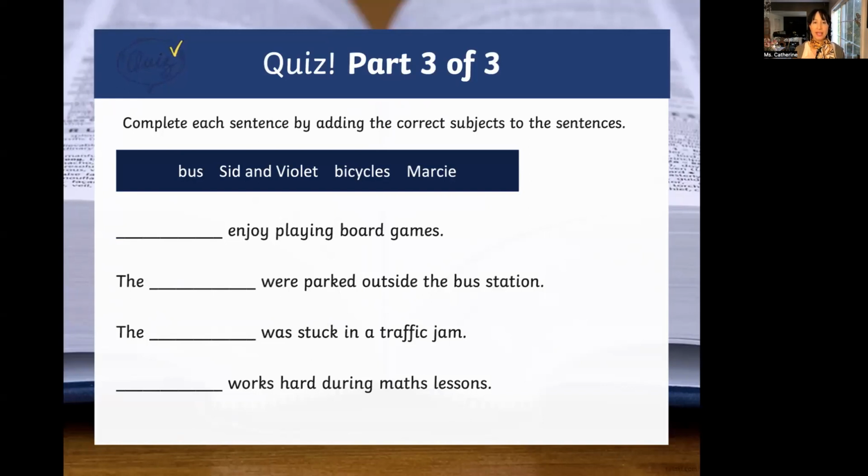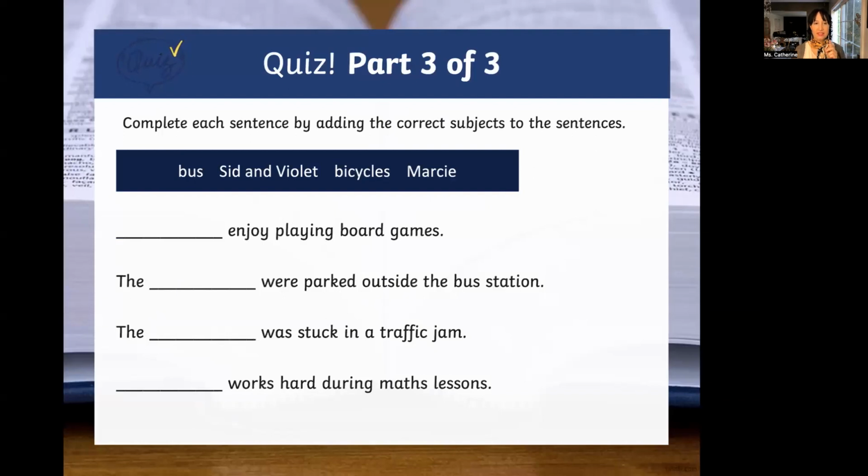So now pay attention to the verbs in each sentence because they have to agree with what? The subject, the noun. Okay, blank enjoy playing board games. Okay, now think to yourself, is enjoy a singular verb or a plural verb? I'll give you a hint. Think about the singular and the plural charts, the chart that we went through each word.